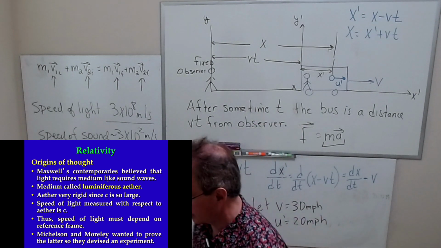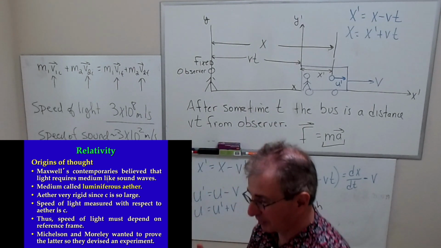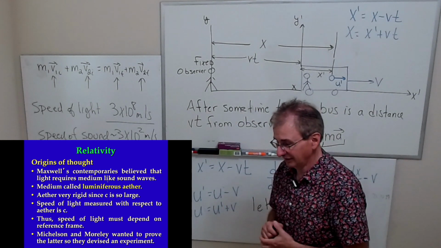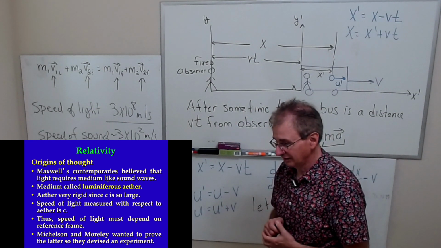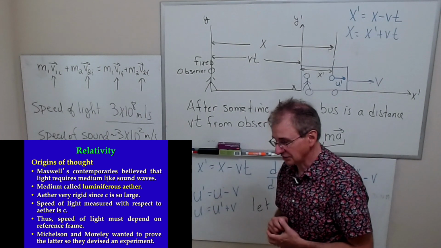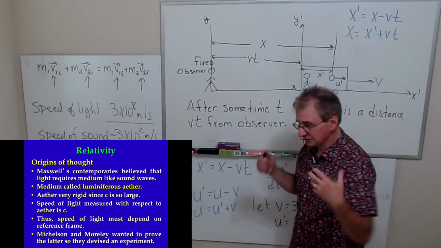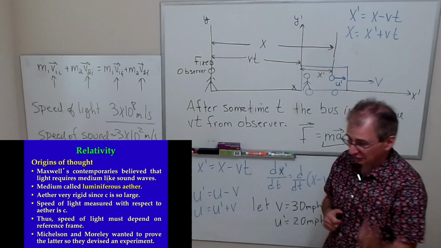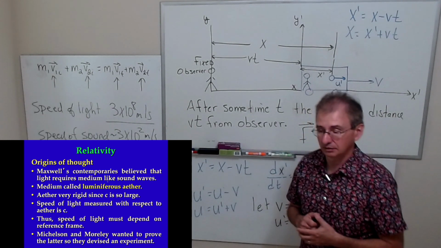It's an experiment that gave no result, but that was important. That means the speed of light does not depend on reference frame. That actually threw out the idea of the ether.